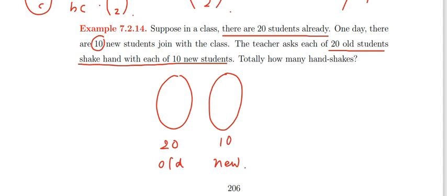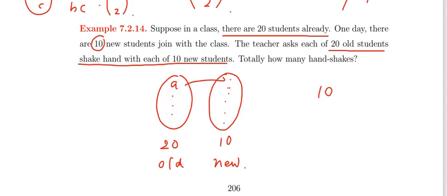Now suppose we have student A here. For A, A should shake hands with each of them, right? So A should go shake hands with this one. So for A, we have 10, right? So how many students here?